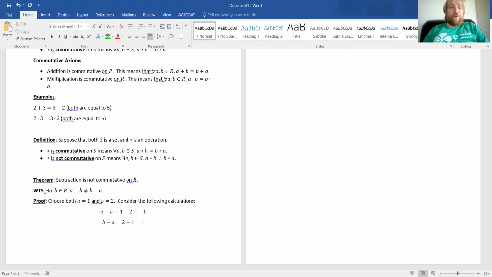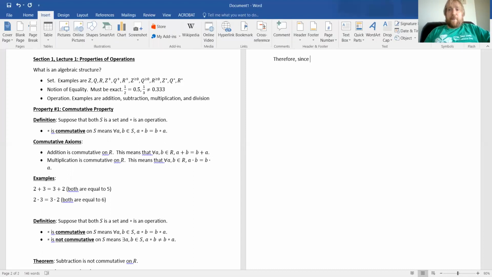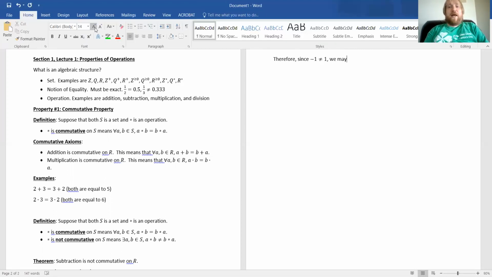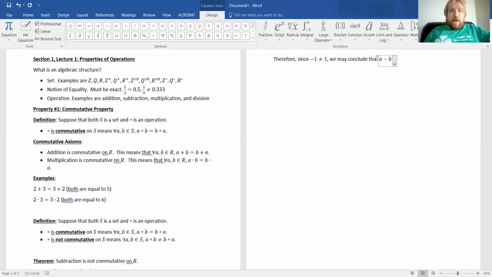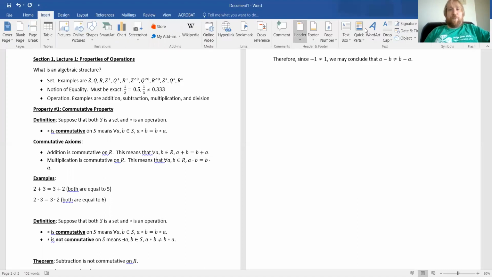And you see they don't equal each other. So therefore, since negative 1 does not equal 1, we may conclude that A minus B does not equal B minus A. And then a black square to end the proof.